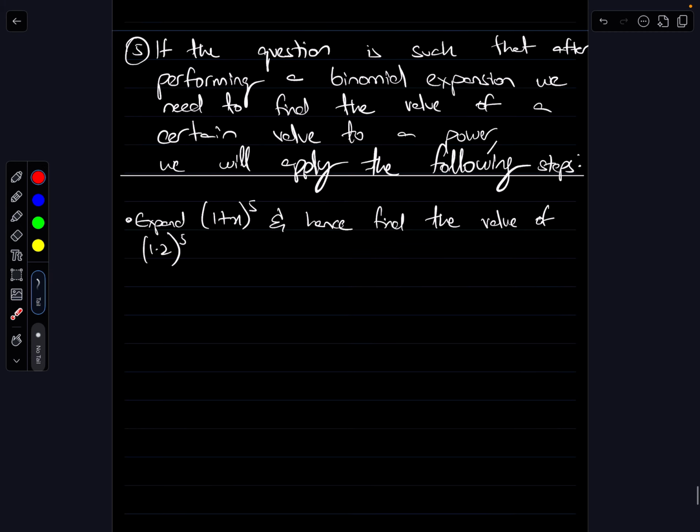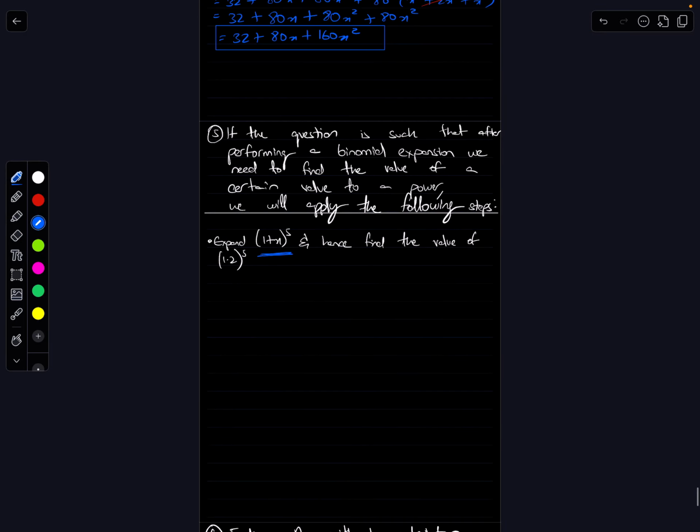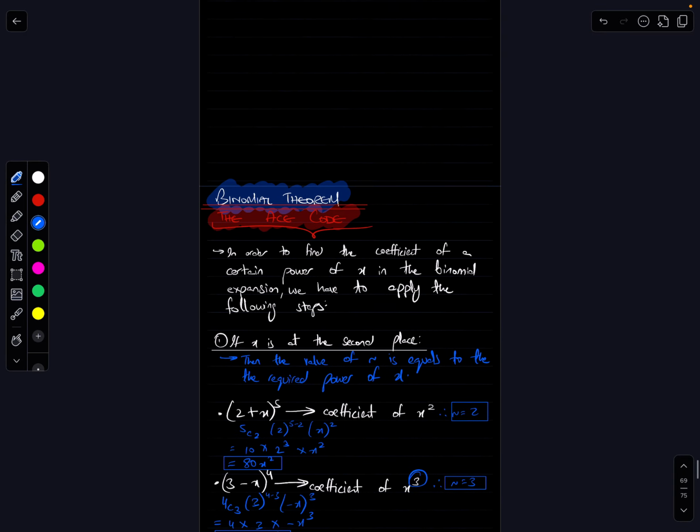For example, we need to expand this first and then use this to find the value of 1.2 to the power 5. So in such a case, we'll expand this first. We already did this expansion above. I'll just copy this for now.